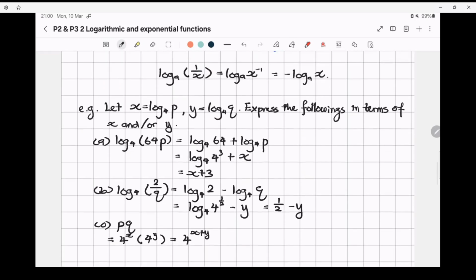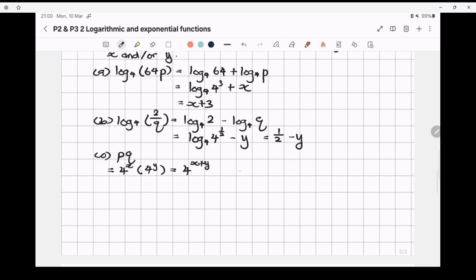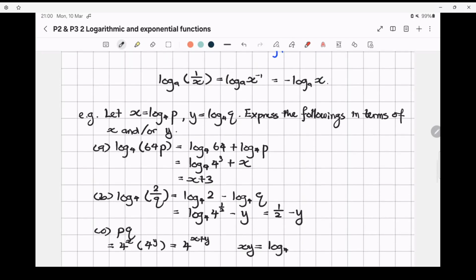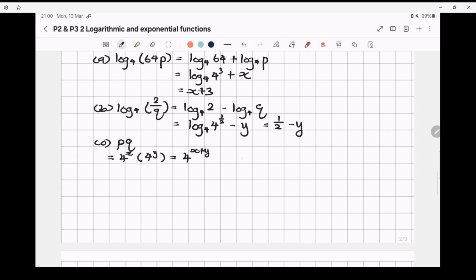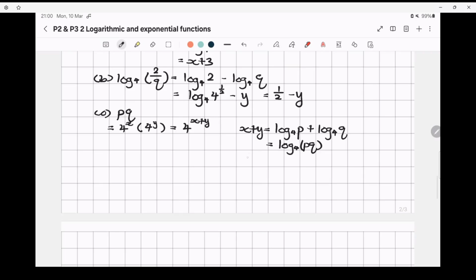Another way of proving is that you can start with x plus y. That will be equal to log base 4 p plus log base 4 q. So this will be equal to log base 4 pq. And use the definition of logarithm. So 4 to the power of x plus y will be pq. So you can also prove it that way.